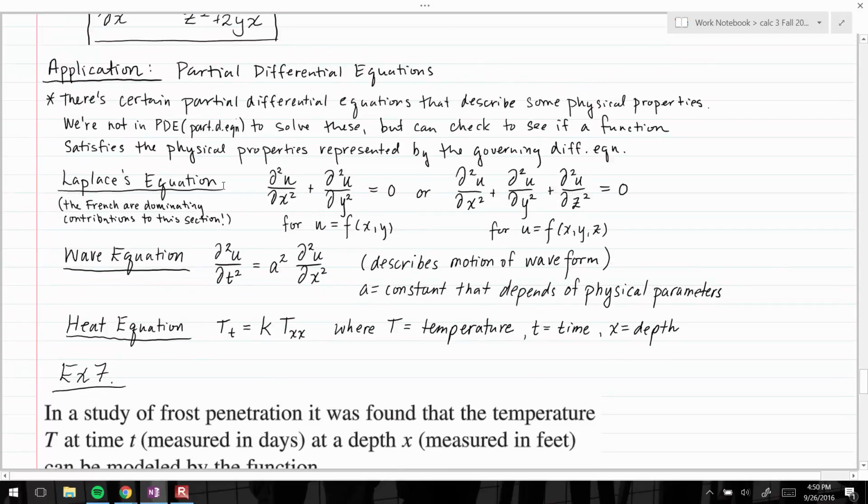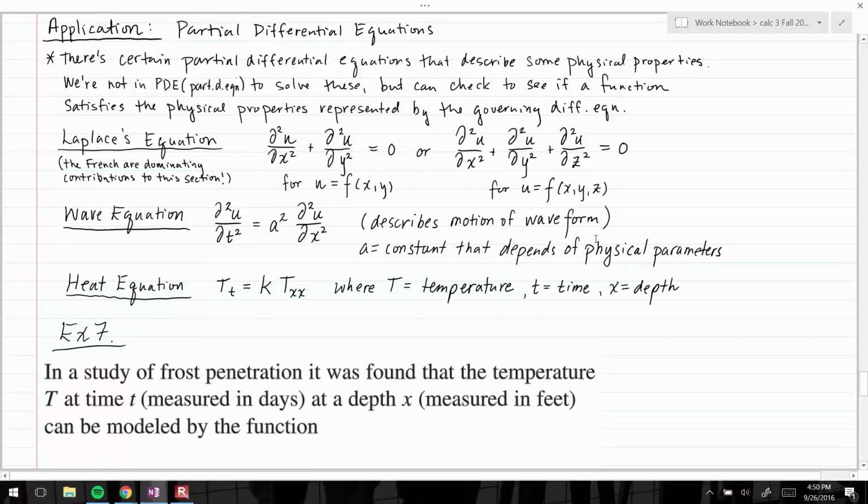But there's Laplace's equation, which has a 2D and a 3D form, which says the second partial derivative of the output u with respect to one of the independent variables x, plus the second partial with respect to the other variable, and then you add them, you have to get 0. Same deal with 3D, and you just add a term.